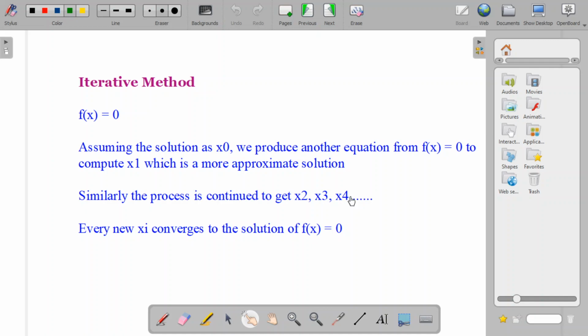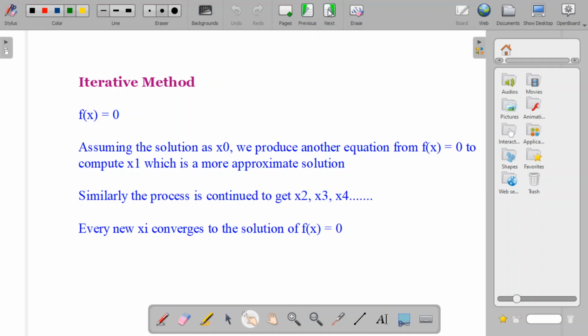That is the point where I say that the value converges, meaning it gets fixed to a particular value. So I say the new xi converges to the solution of the equation f of x equal to 0. This is how an iterative method works.